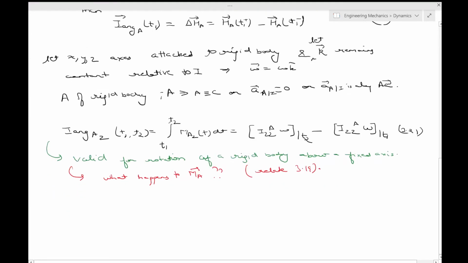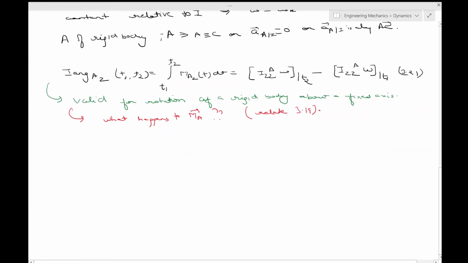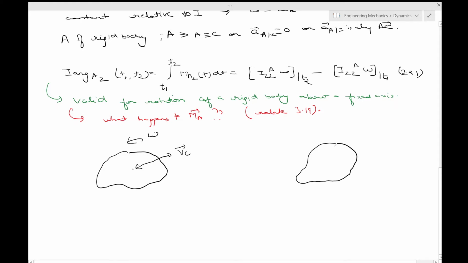Okay, let's now take up a plane motion. Just first draw the center of mass. This has, say, a velocity vC, rotates by omega.